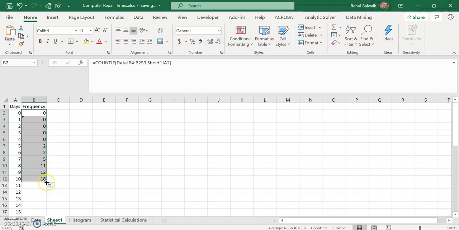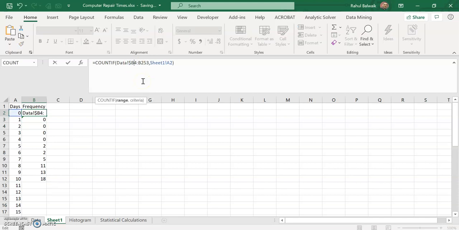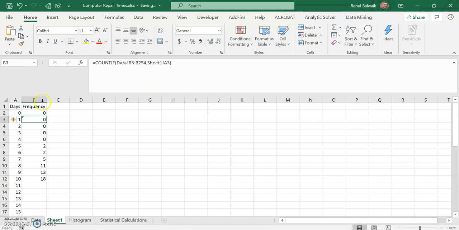Okay, but you see here I again forgot to put the dollar symbol. So you see the range is getting increased here. The range where the data is located is from B4 to B253, correct? But it's increasing now, say B5 to B254 and so on. So we'll just put the dollar sign, so we have the exact reference of the cell.